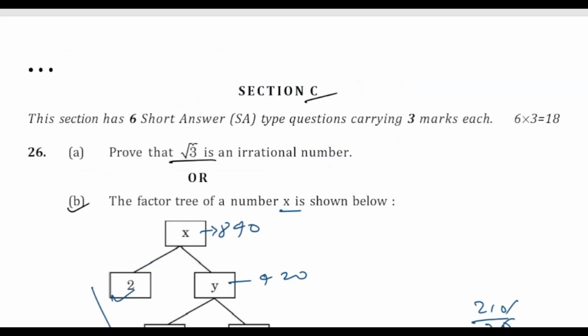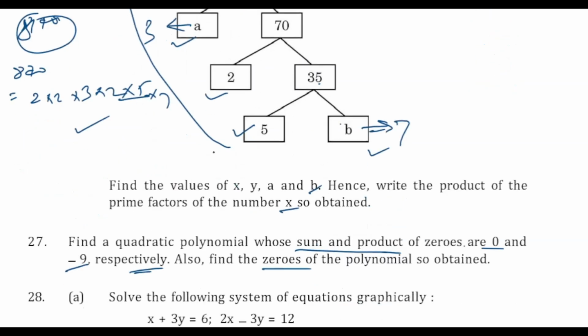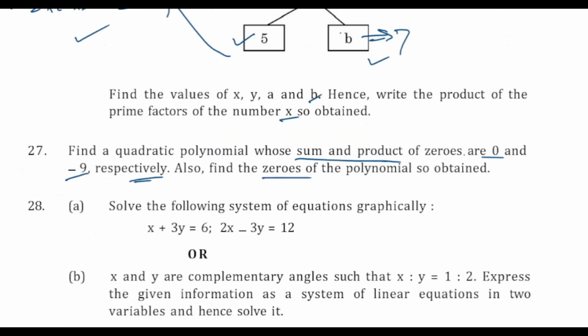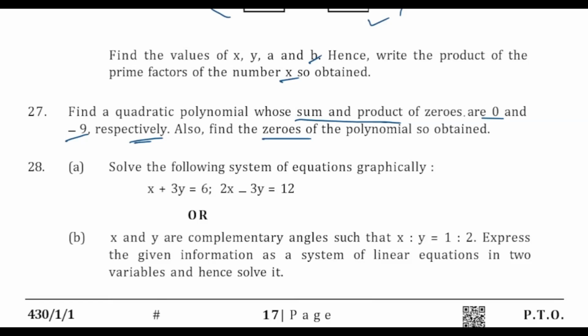Now let's go to solve another question, that is 28. You have to solve a system of linear equations graphically. So here I will give you the concept of how to solve it. I will not draw the graph exactly.